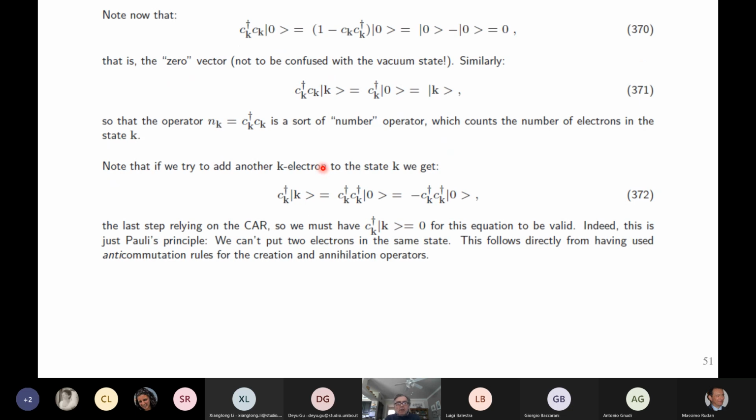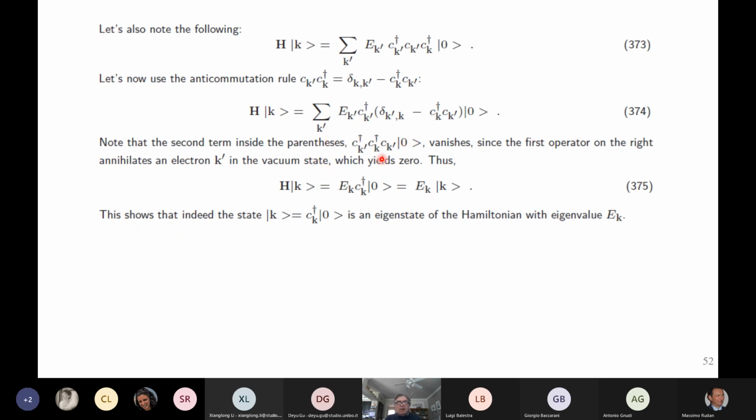So what is the set of states that I have? By the way, it can be shown that the state K is actually an eigenstate of the Hamiltonian with energy E K, obviously from these considerations.